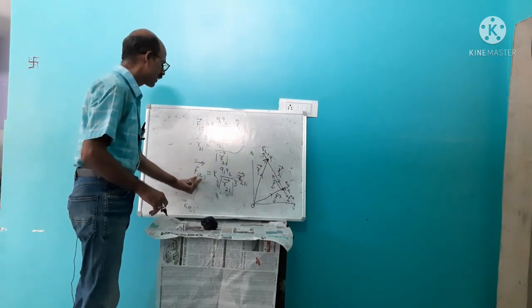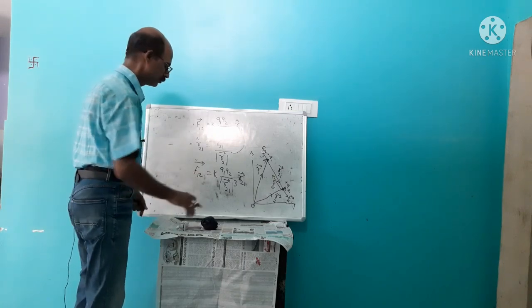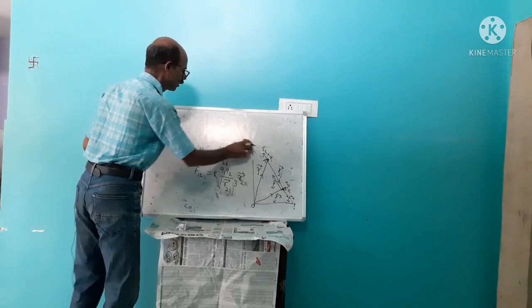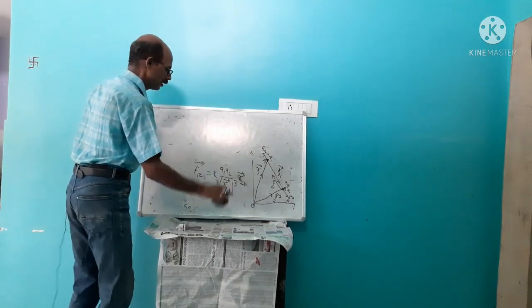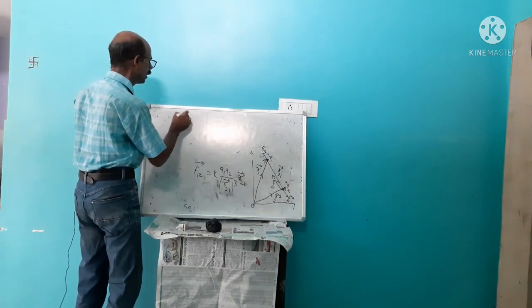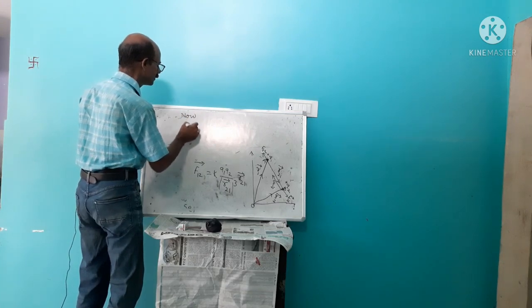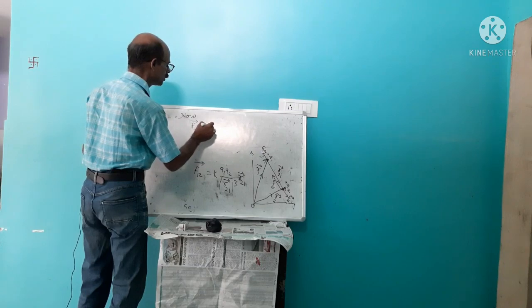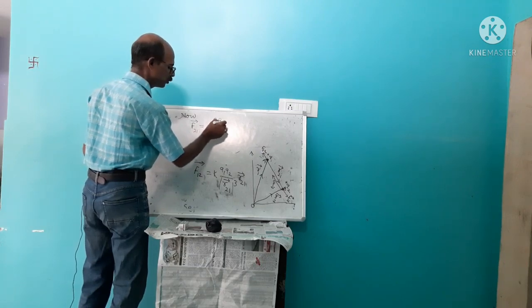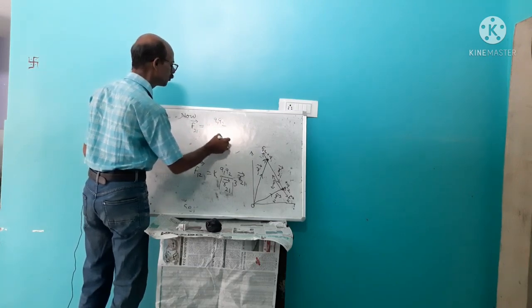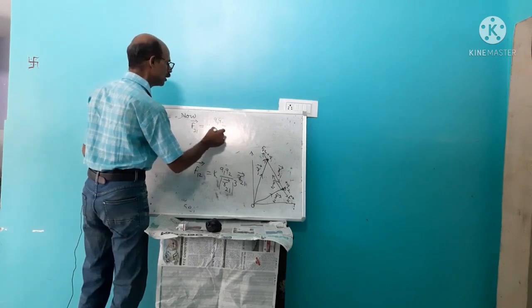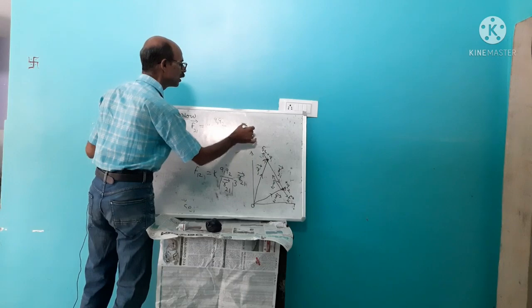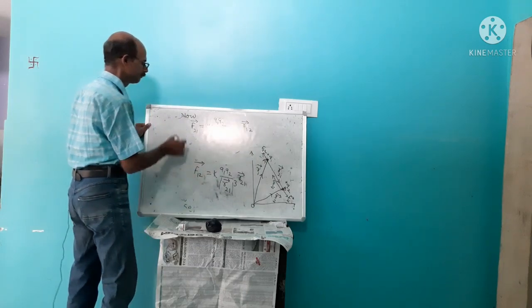If we find out F21, then what will be the formula? That means now vector F21 will be K into Q1 Q2 by R12 cube, vector R12.